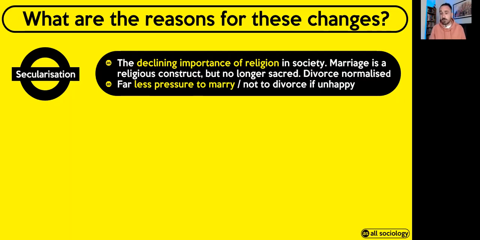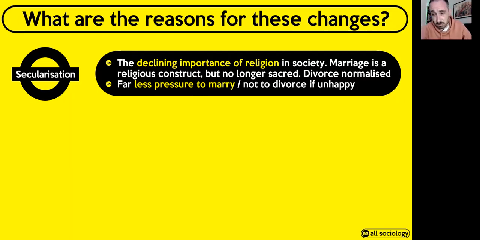So divorce has become normalized because people don't believe in God as much. They're not as Christian as they used to be, and so don't feel like they're letting the church or their God down by divorcing, for instance. And I think as well, alongside this, there's just less pressure to marry or to not divorce if you're unhappy. So, for instance, if we go back 70, 80 years ago, why did people marry?